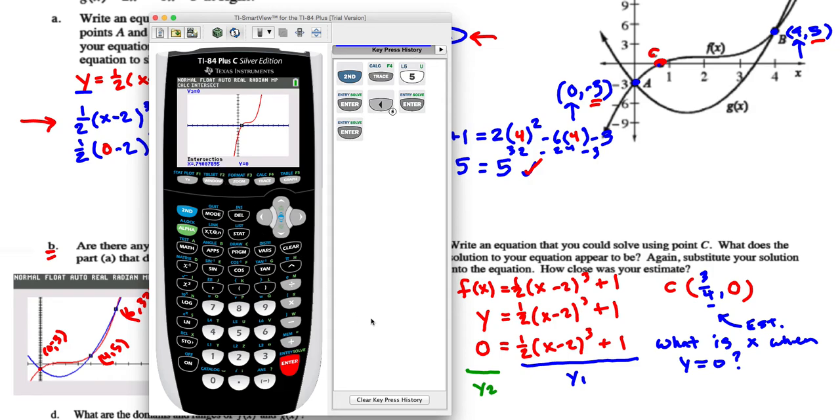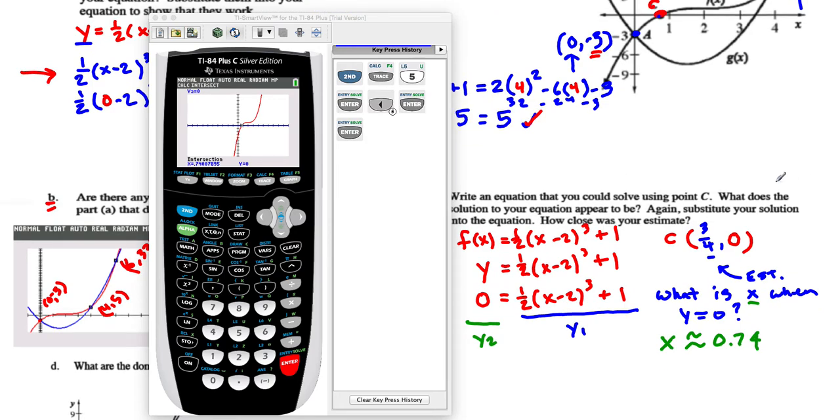0.74007895. So what is x here when y is 0? X is approximately 0.74. Remember, our estimate there was 3/4, so we could say that our estimate was pretty close.